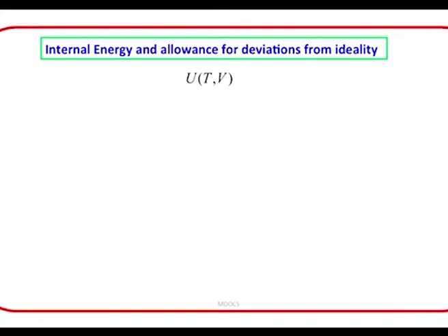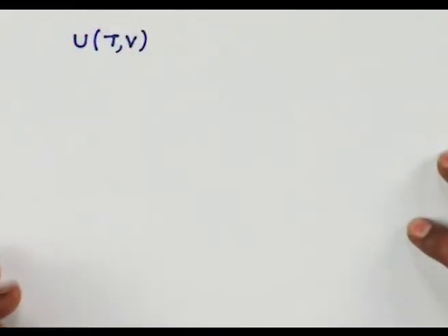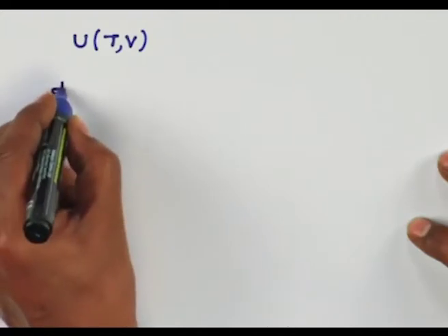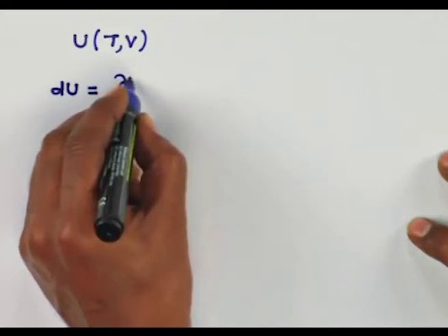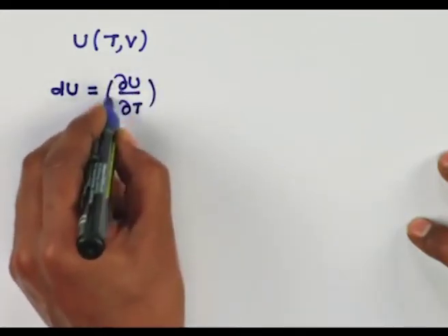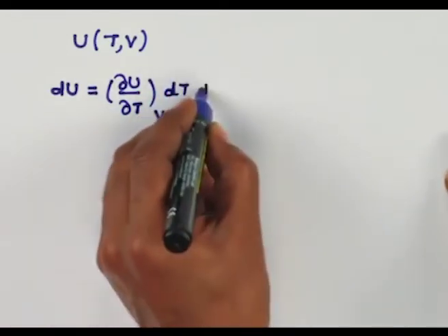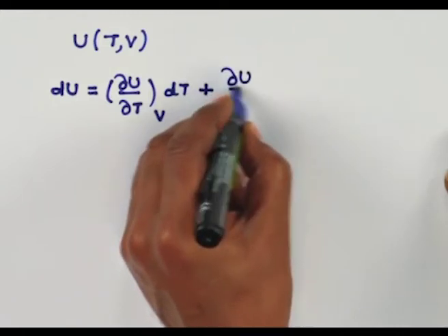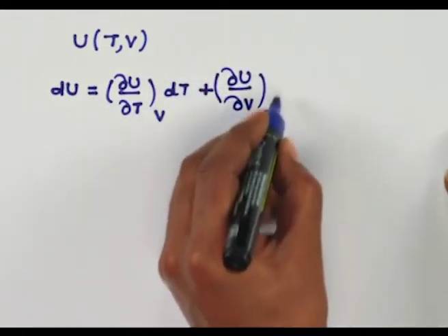If I start with internal energy as a function of temperature and volume, you will see that I will end up with some very useful relation. Let there be some change. So dU will be equal to partial derivative of U with respect to T at constant volume dT plus partial derivative of U with respect to V at constant temperature dV.